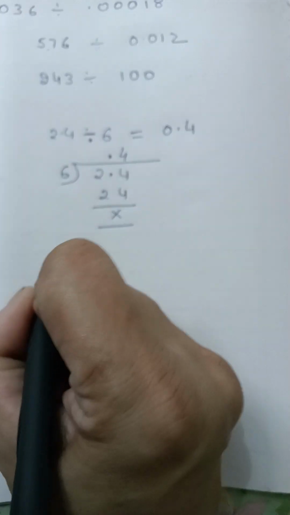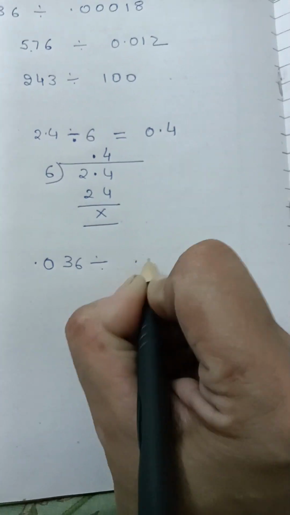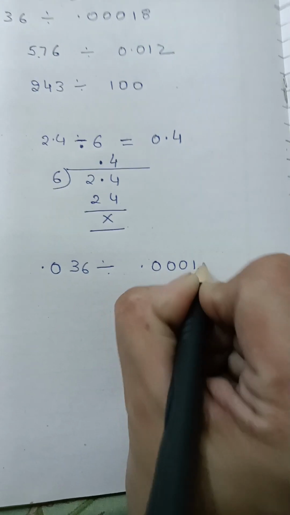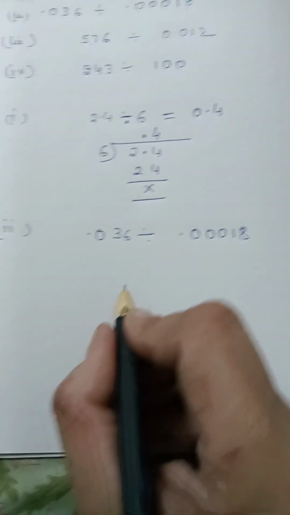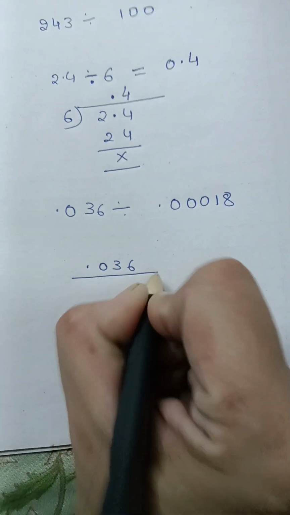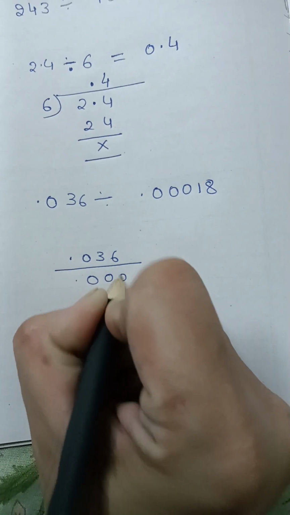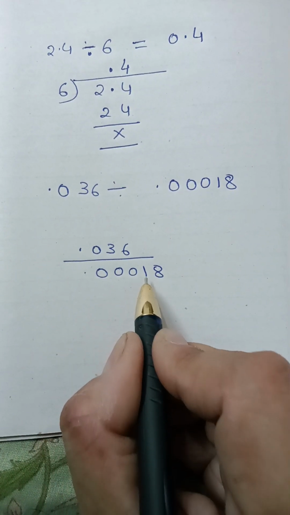But what if the divisor has a decimal? For example, the second question which I am going to solve here, the divisor has 5 places of decimal. See, you can say 1 2 3 4 5. Now what we need to do is put the dividend upon the divisor. Now count the places, 1 2 3 4 5.